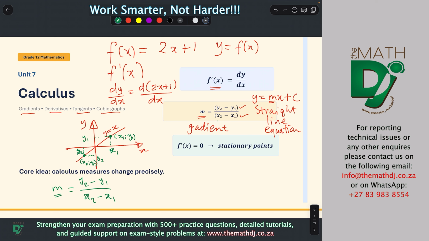Are we together? Then, to find stationary points, you can have a graph like this. The stationary point can be a point at the bottom of the graph like this one. In order to find that stationary point, you find the gradient, which means you differentiate the equation, then you equate it to 0.